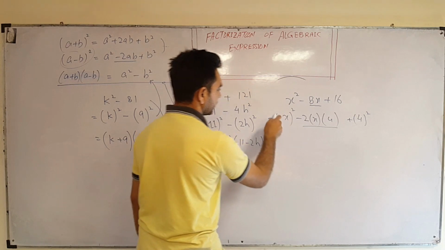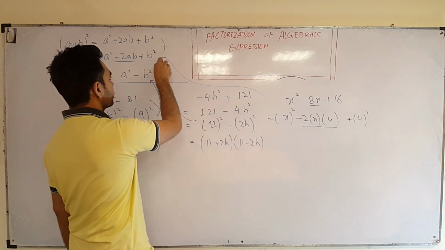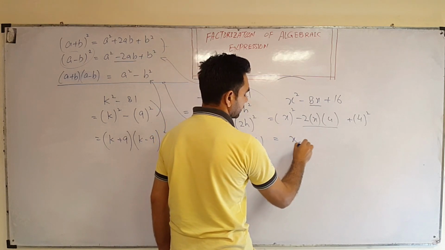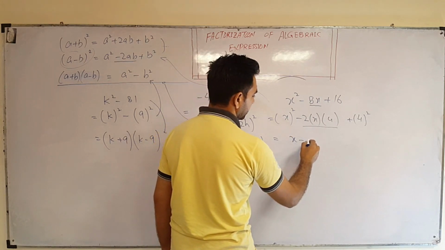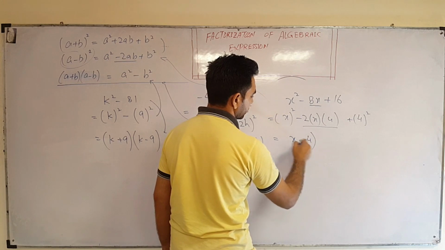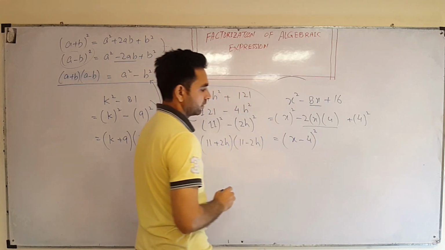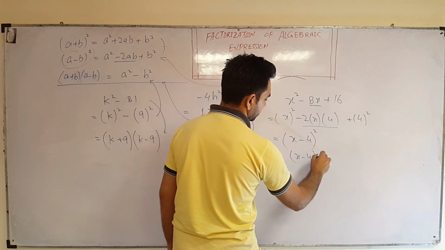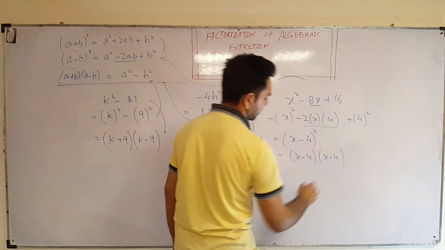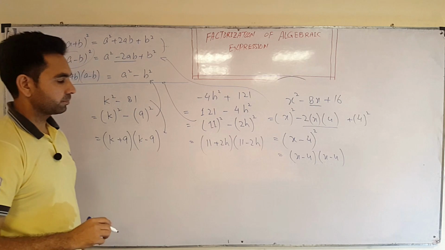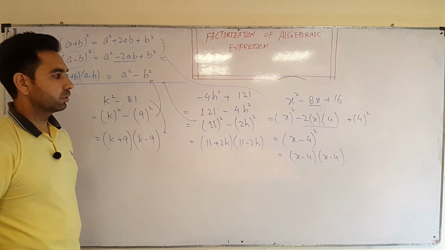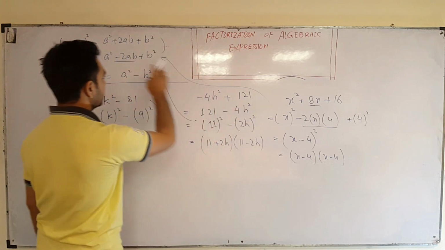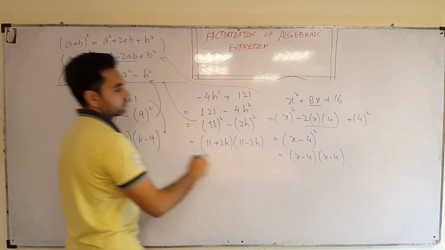So now this is comparable with this formula, and it says that this can be written as the first minus the second, whole square. The same would go if there was a plus, then we will compare that with this one, right?